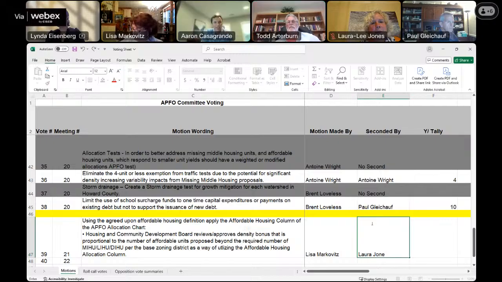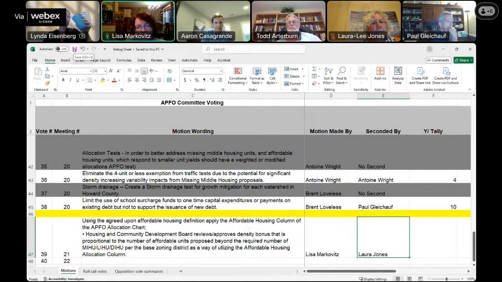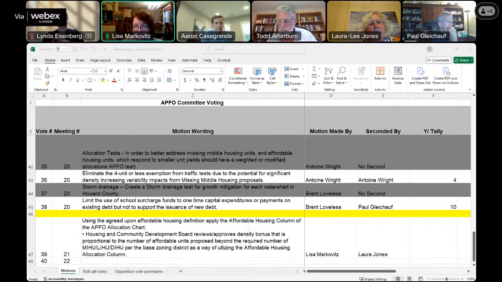Can I ask a question? Yeah, Aaron. So the density bonus, that would be a density bonus for non-affordable housing units. So it's essentially if you add more affordable housing, you're going to get more. No, that's not what this means. Because of the wording of how they're going to utilize that affordable housing allocation column, it means, what can they draw from that column?